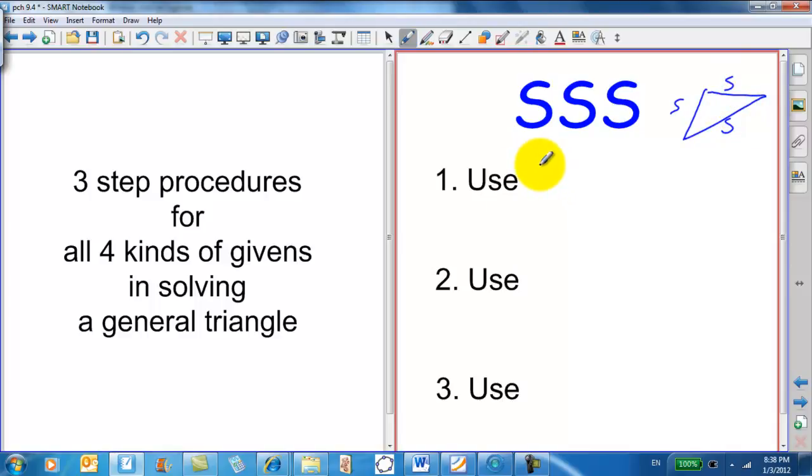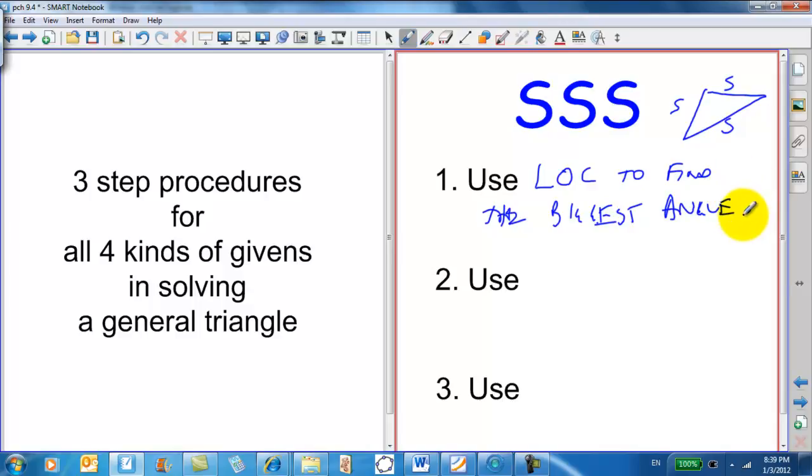Well, we're going to use the law of cosines to find an unknown angle. To find the biggest angle. How do you know where that is? Well, it's going to be opposite the biggest side. Now, the nice thing about law of cosines in finding an unknown angle is it'll tell you if it's acute or obtuse in the equation itself.